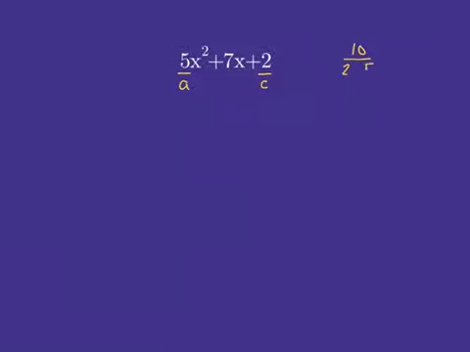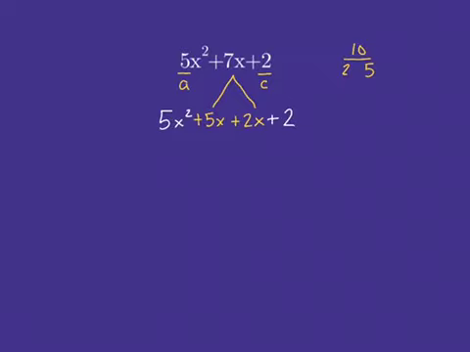So that's the same ones we just multiplied together, 2 and 5. So we're going to break this middle term apart into those two factors. So a positive 5x and a positive 2x. So we can see it still equals 7x. We're just writing it in a different way. We still have our 5x squared and our plus 2 from the original equation.